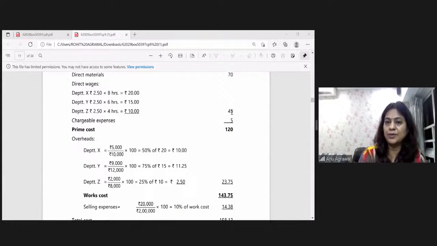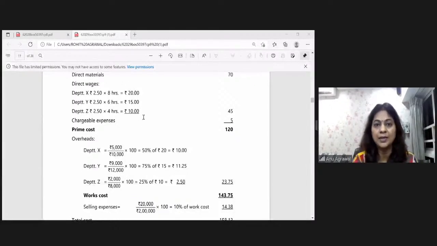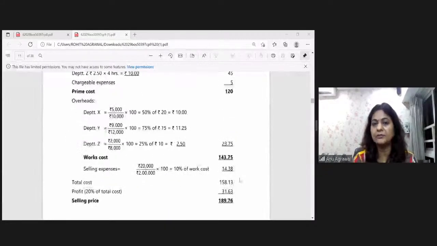That's how this 45 rupees is built up. But I need to absorb overheads. They said we'll absorb overheads on the basis of direct wages. Nothing else was given. So if it is 20, that means I can absorb 10. This is 15, they have calculated an absorption rate. They absorbed the overhead, and they got the works cost.